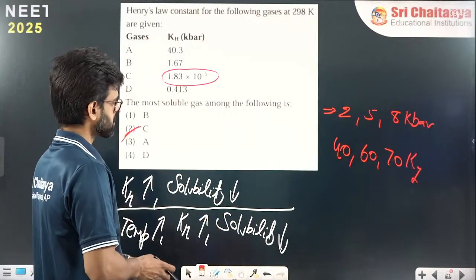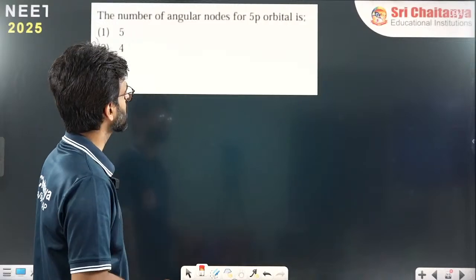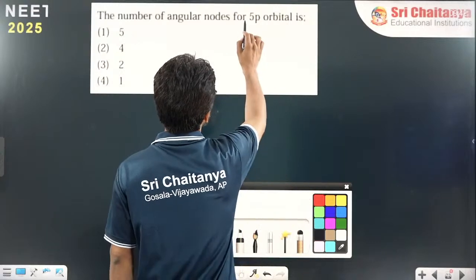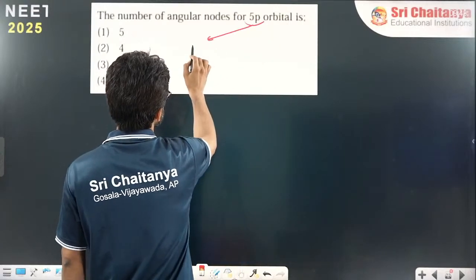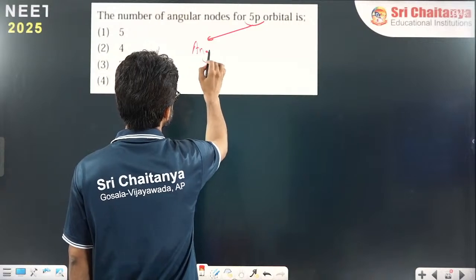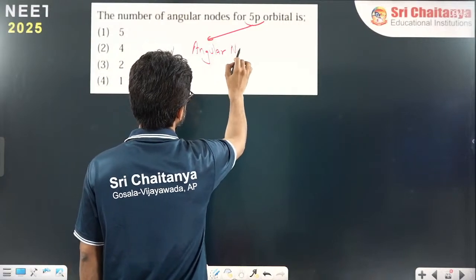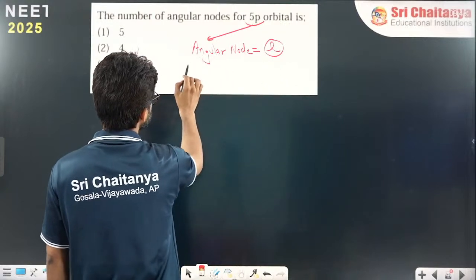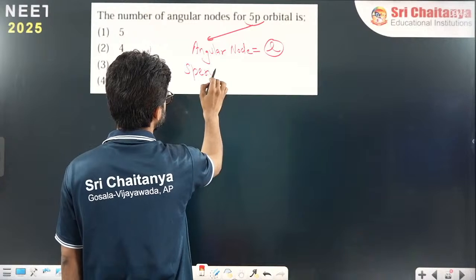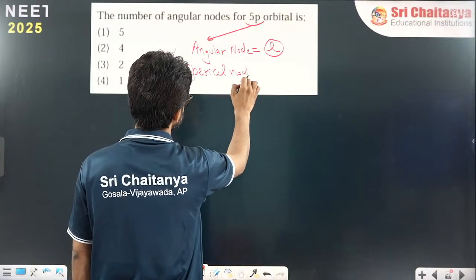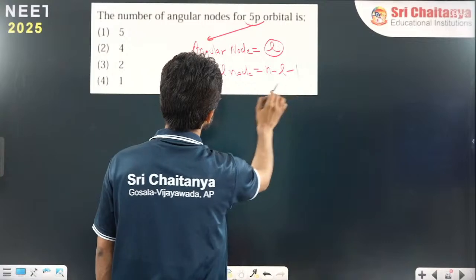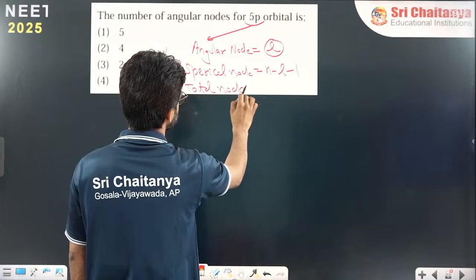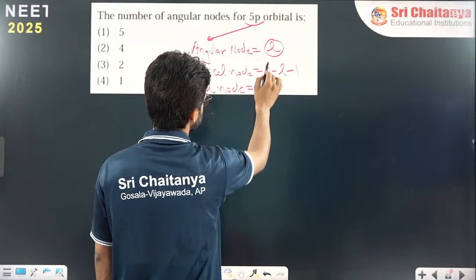Okay. The next thing is the number of angular nodes for 5p. What is the formula for angular nodes, beta? There are 2 types of nodes. First, I am writing for angular node. Angular node formula is what? Just L. Whereas if you go for radial node or spherical node, the formula is n minus L minus 1. And if I ask the formula for total node, how much is coming? You add up both, what's coming?